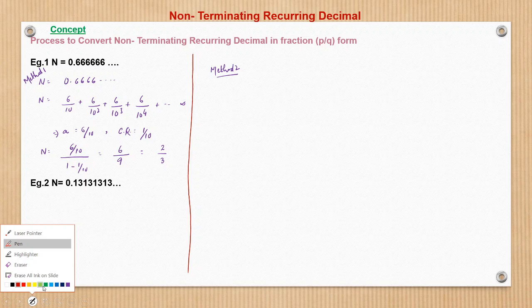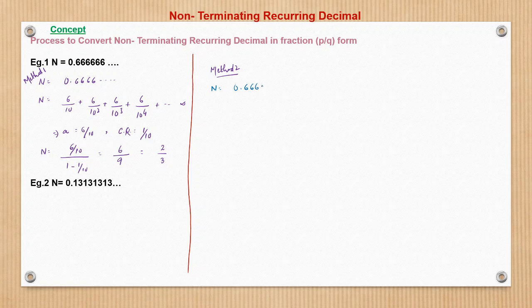In method 2, the process remains very similar. What we will do here: n is nothing but 0.6666. This we have seen also. Now I multiply equation 1 with 10, so it becomes 10n equals 6.666, and so on.